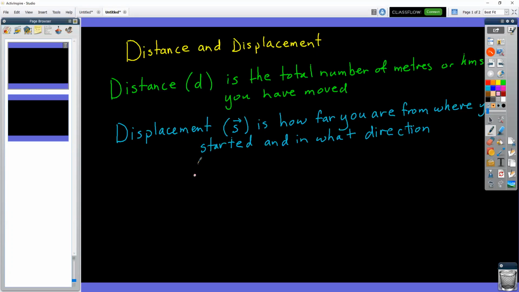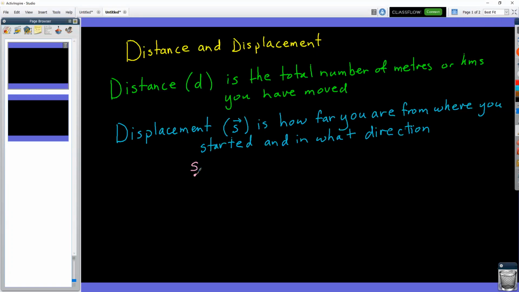We start here and we travel east for 5 kilometres, and then we travel south for 3 kilometres, and then we go west for 5 kilometres, and then we stop.